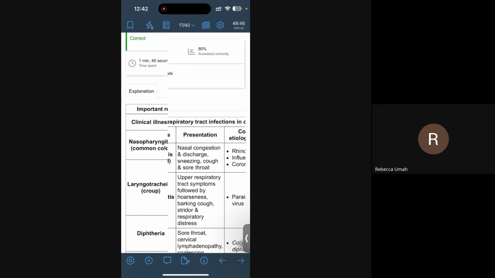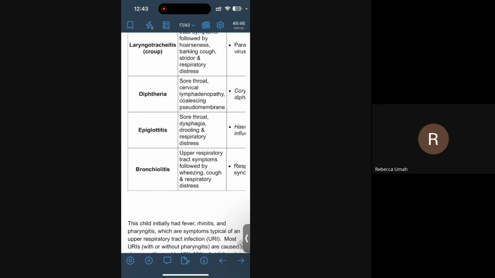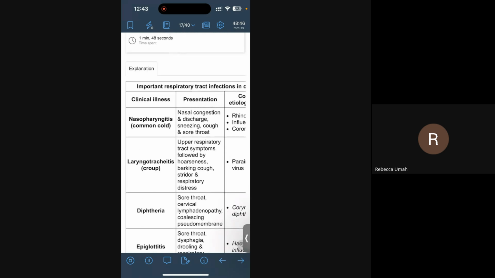Croup, diphtheria, epiglottitis: upper respiratory tract symptoms, followed by hoarseness, barking cough, stridor, and respiratory distress.